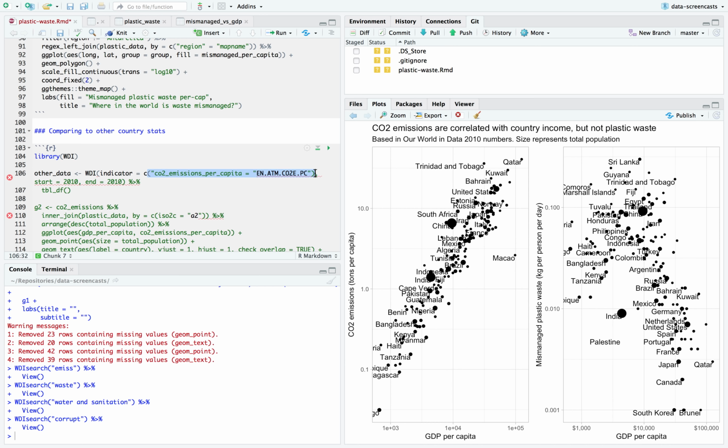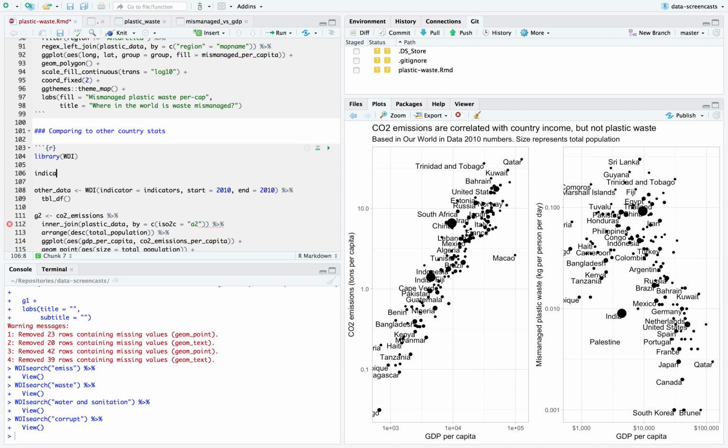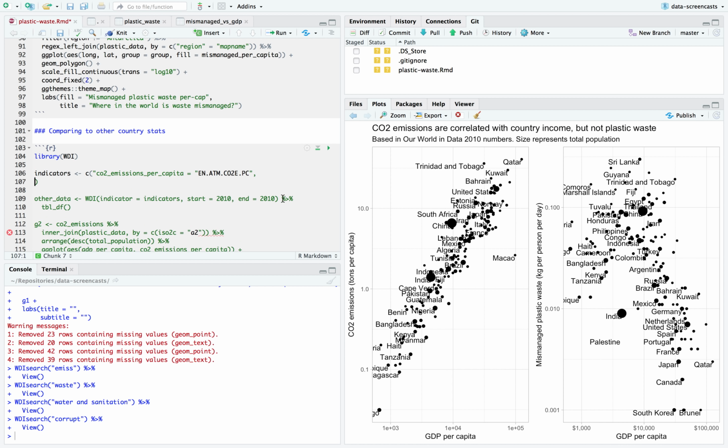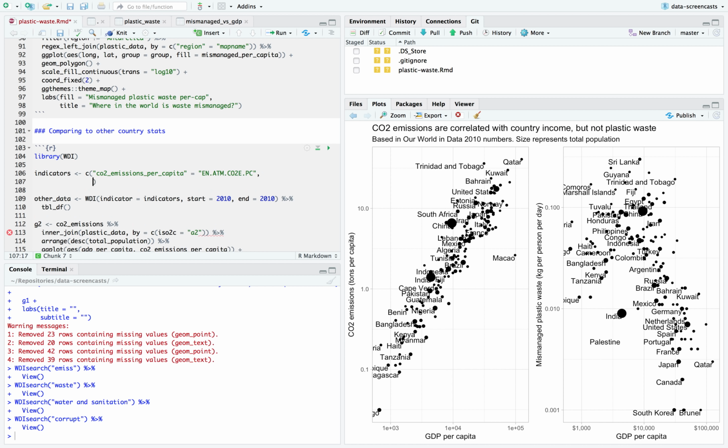I'm creating this outside. All right, I'm going to do CO2 emissions per capita. I'm going to also get corruption perception index equals, and put that one.